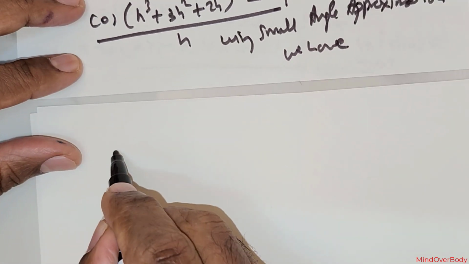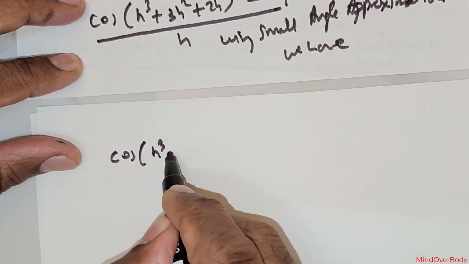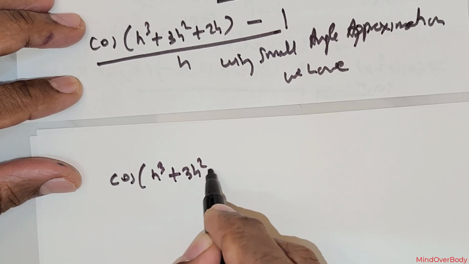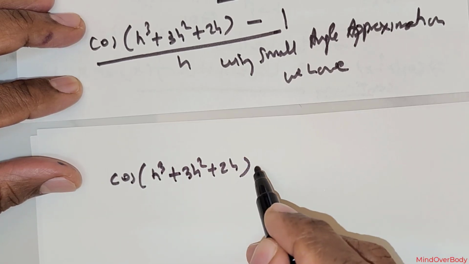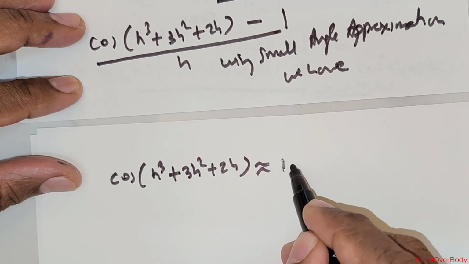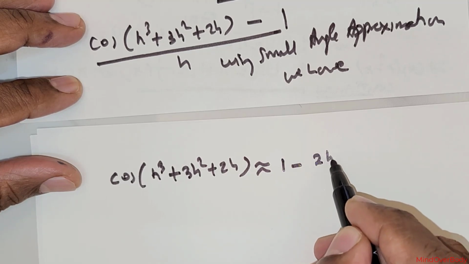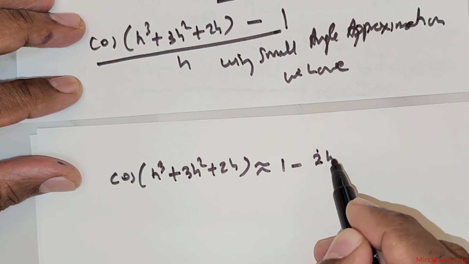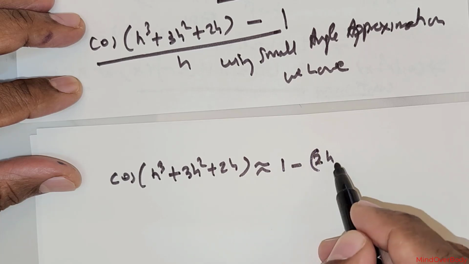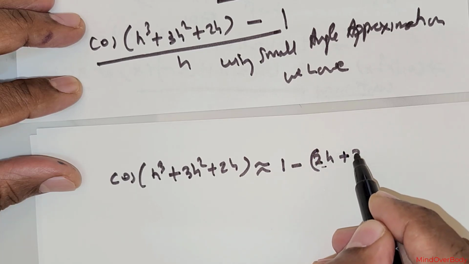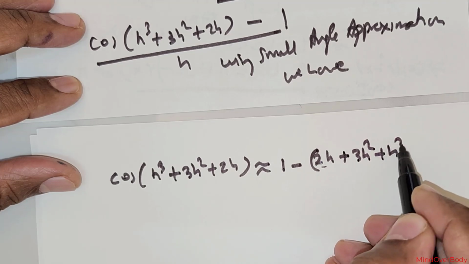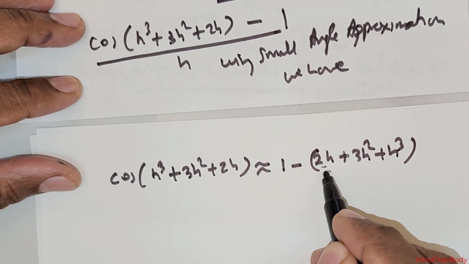This cos(h³ + 3h² + 2h) is going to be approximated with 1 − (2h + 3h² + h³)²/2.